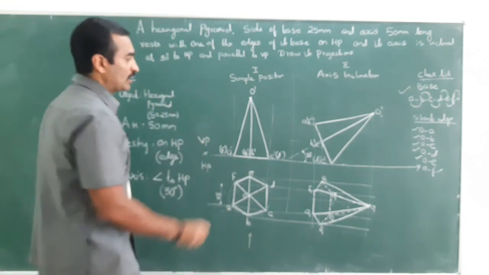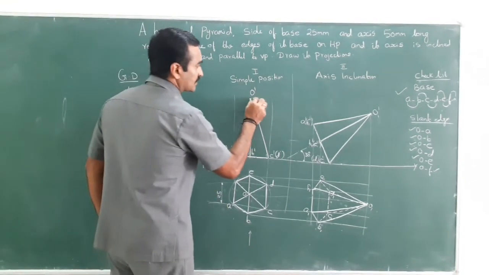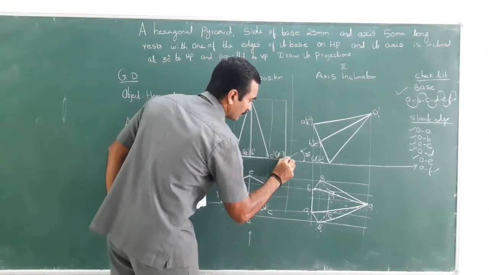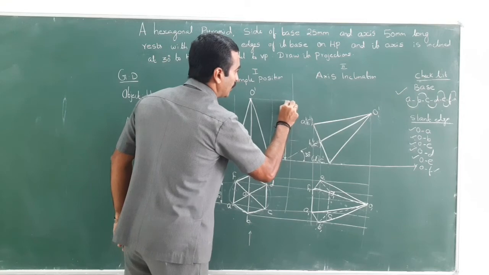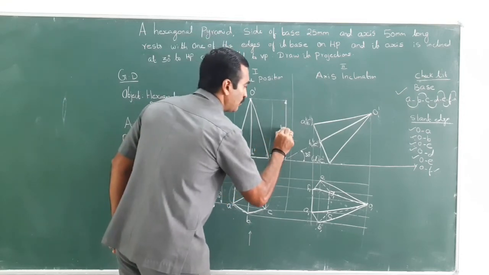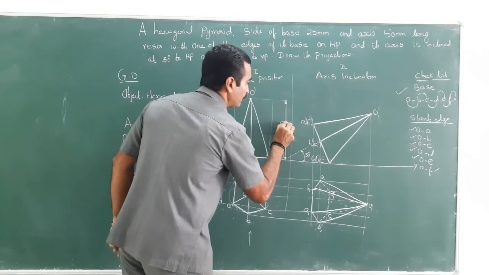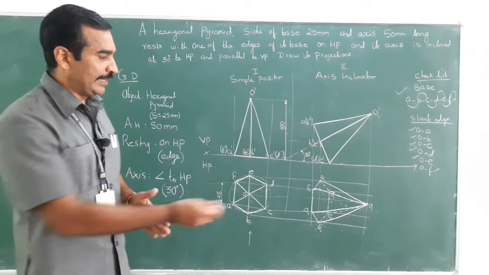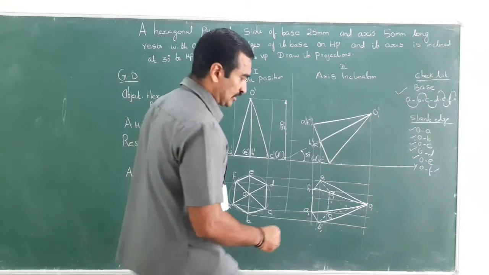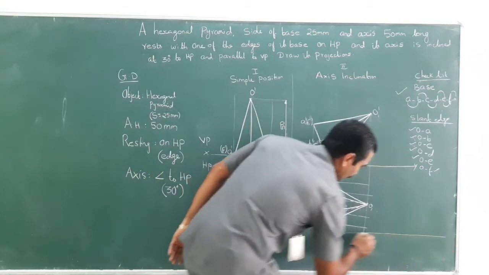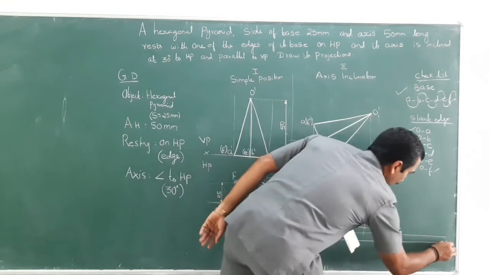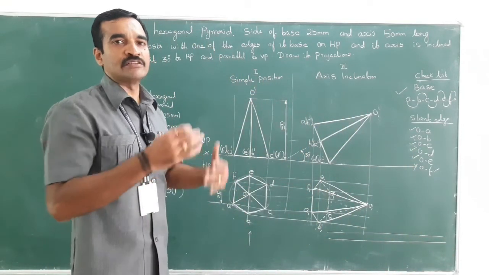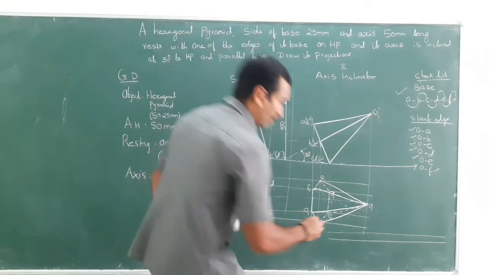that is 25. What about the axis height? The axis height is 50 mm. So above the dimension line you just write 50 mm. What is next? The notes which you have to mention here. At the right bottom of the drawing you should write: all dimensions are in mm.